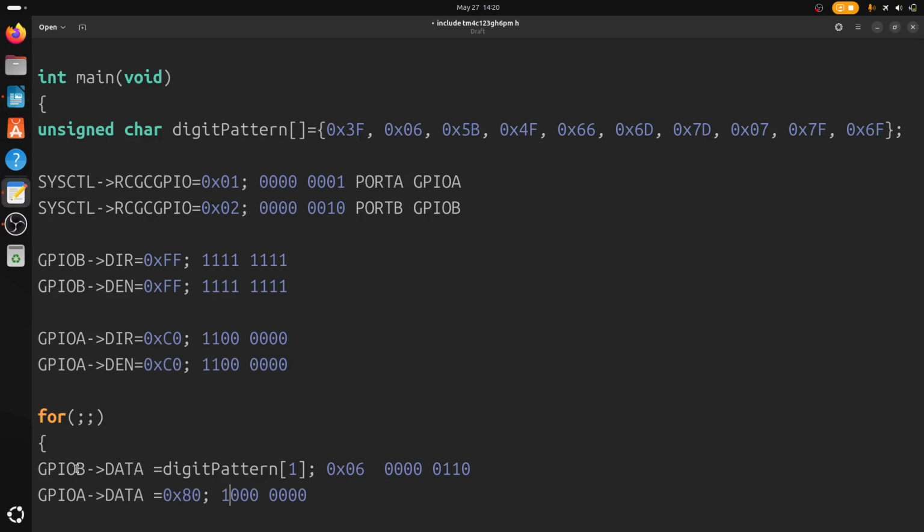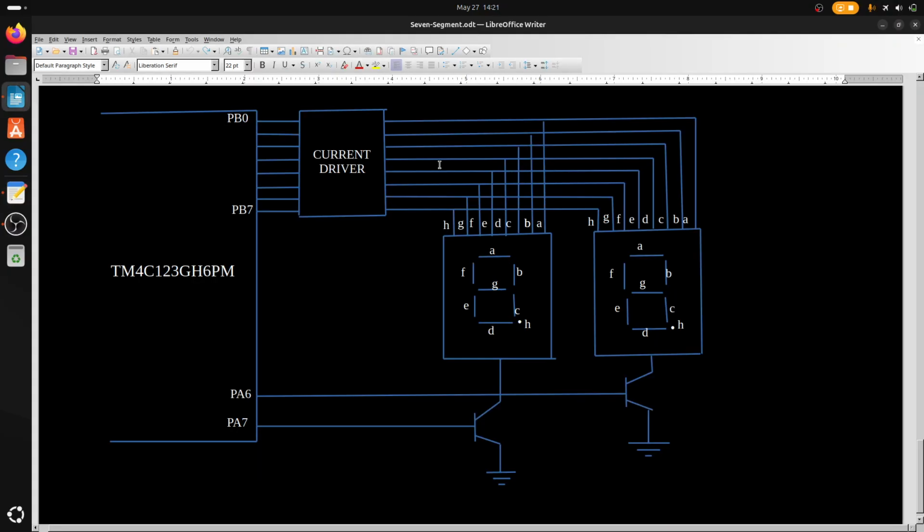So it is connected to port B, all the digit, and then it is connected to the 7 pin. That means this one is connected to port B, this one is connected to pin 7, that means the digit in ones place. So we have written the code for this. Now we will write the code for this.